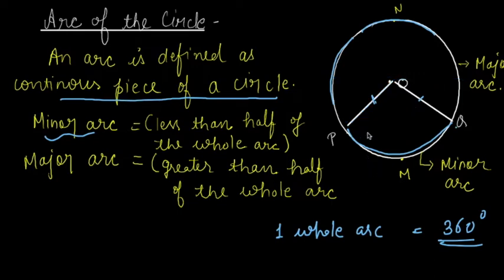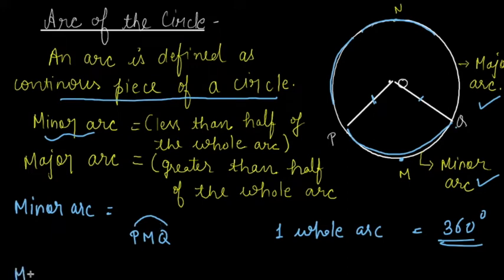So when you get less than half of the whole arc, it is called a minor arc. And when you get greater than half of the whole arc, this is called your major arc. How do we write it? Again, if you want to write the minor arc, we will take a point here, say M, and here I have taken point N. So the minor arc will be PMQ, and since it is an arc, it is written with an arc sign on top of it.